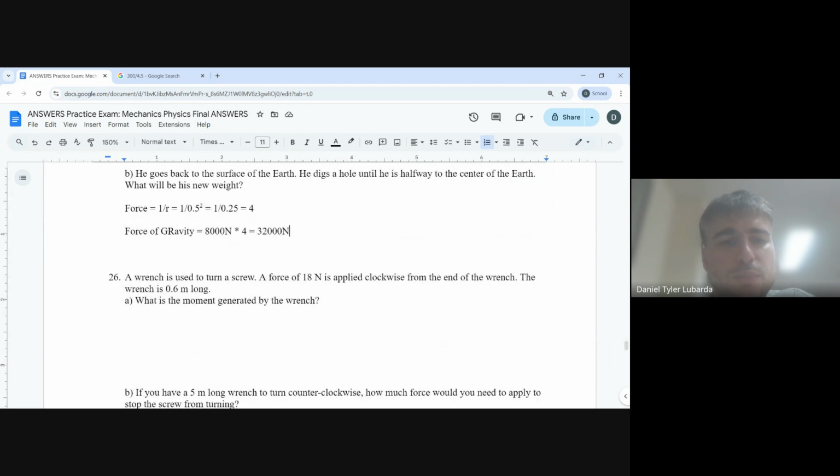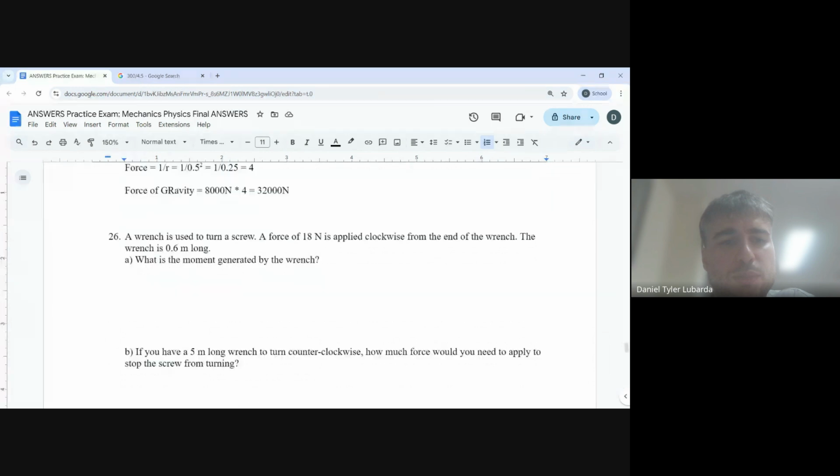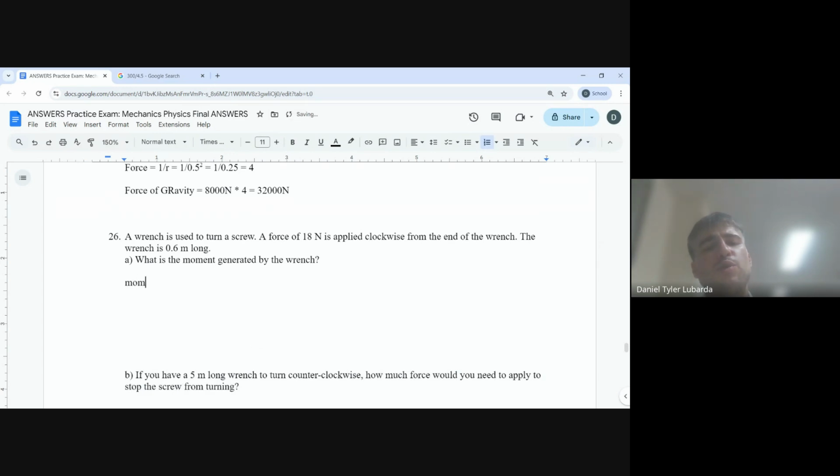Okay, number 26. A wrench is used to turn a screw. A force of 18 newtons is applied clockwise from the end of the wrench. The wrench is 0.6 meters long. So, what is the moment of the force?